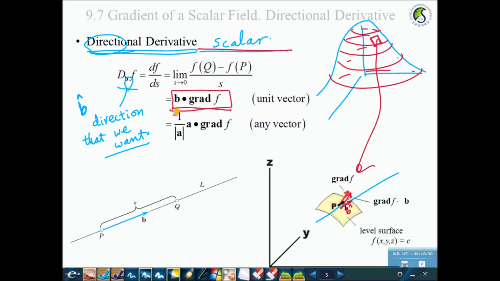When B is a unit vector, the inner product between B and gradient f shows you the amount, the length of that gradient vector projected onto the new line, the new direction. If it's not a unit vector, you have to divide it by its length so that you can normalize it.